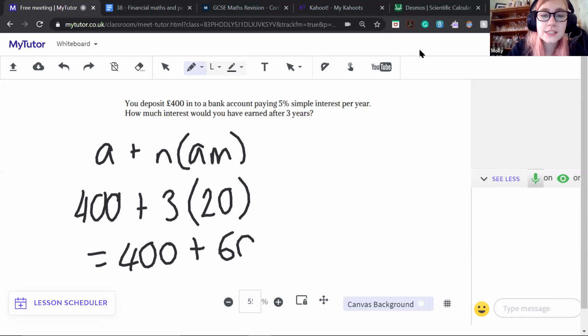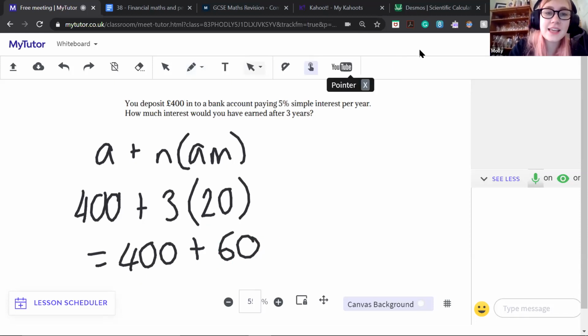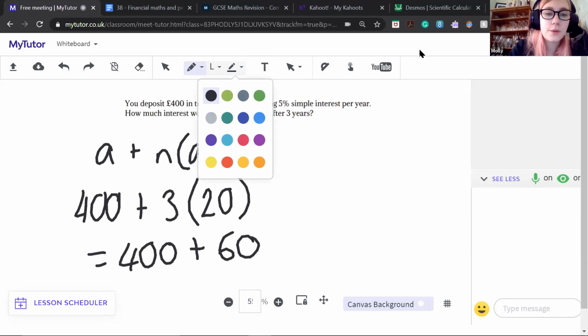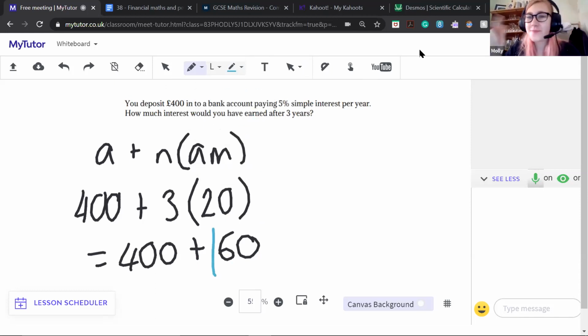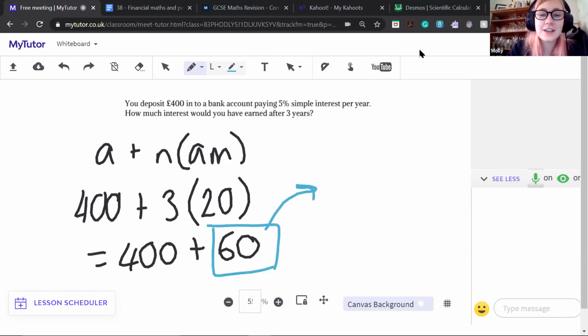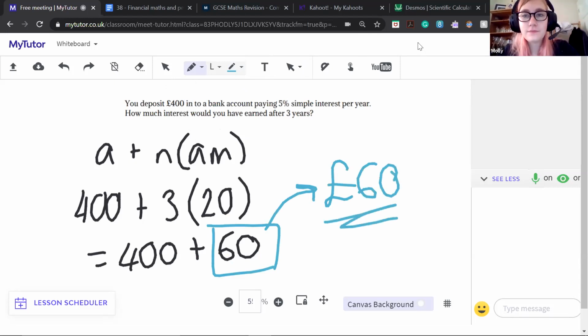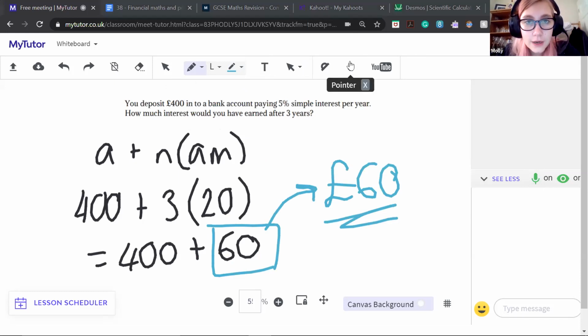And then notice that this is our original amount. This bit is the actual interest earned. So we only need the NAM part of the formula to see the actual interest earned, which everybody did. So it's £60, which I think everybody who answered it got, which is fantastic. So yeah, really well done. Awesome.